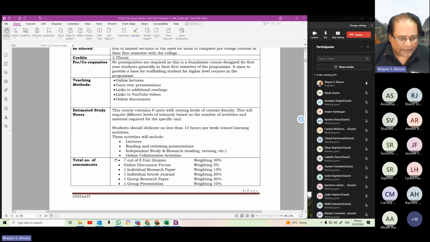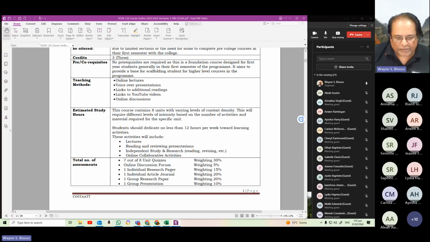All right. So assessments. We have 8 unit quizzes, and I'm going to take the best 7 out of the 8. The weighting for this is 30%. So the quizzes count for a good chunk of your marks. That's something you want to pay attention to, making sure that you try to get the best results possible from the unit quizzes. The online discussion forum, as we talked about before, is a 5% weighting.